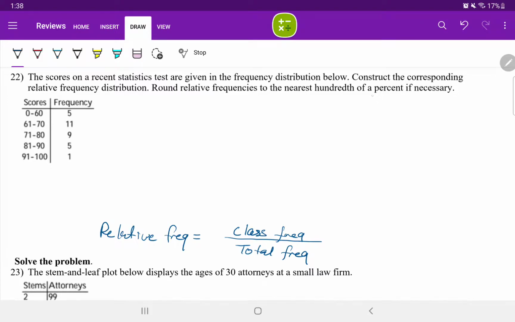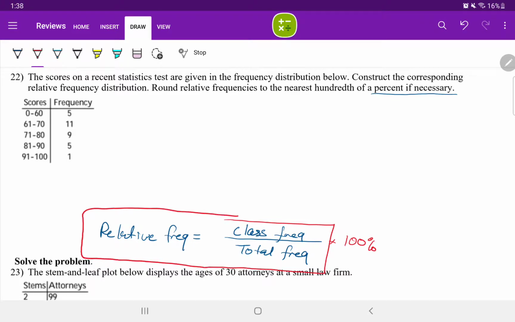Because it wants percentages, once we have our decimal, we can then multiply by 100 to find the percentage. Overall, this right here is going to be the relative frequency formula. Because it wants a percent, we just multiply by 100 to make it a percentage. And we do that for each and every class.